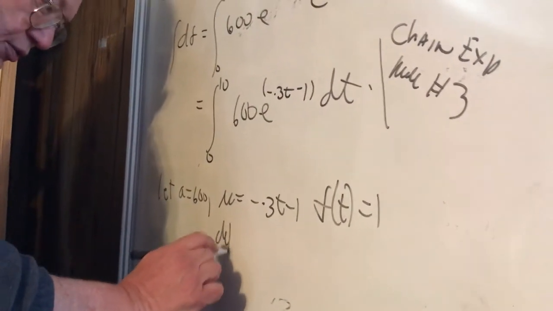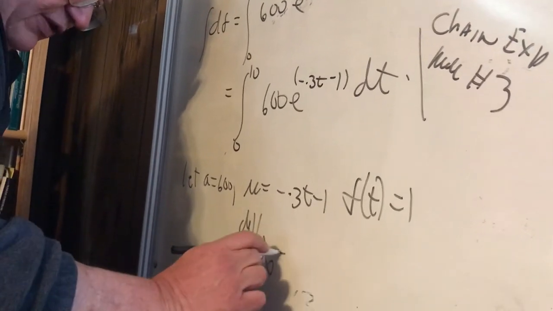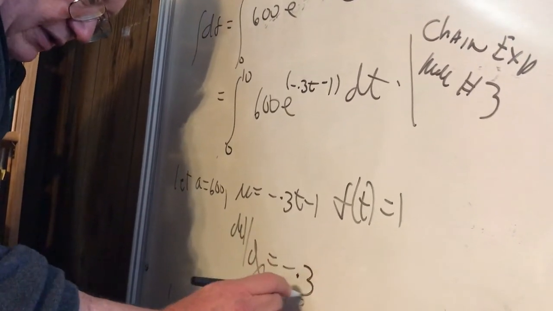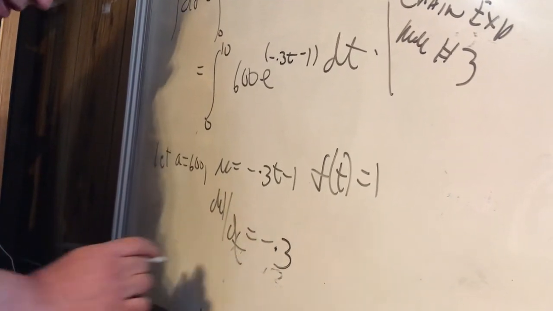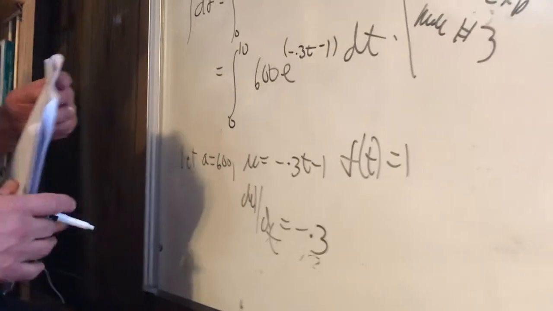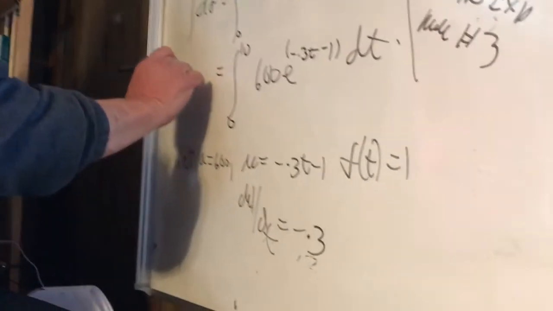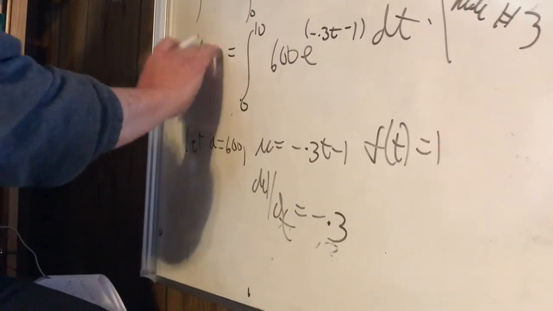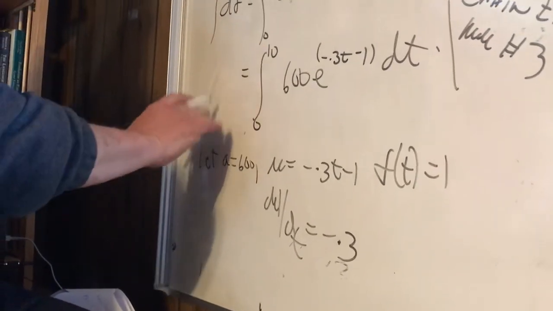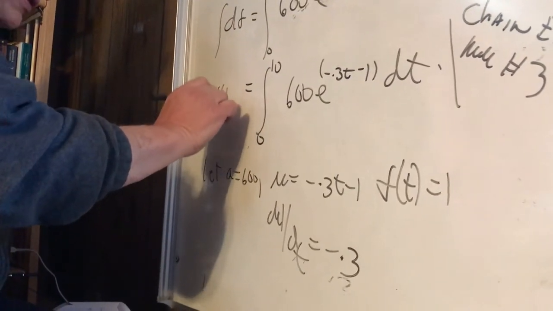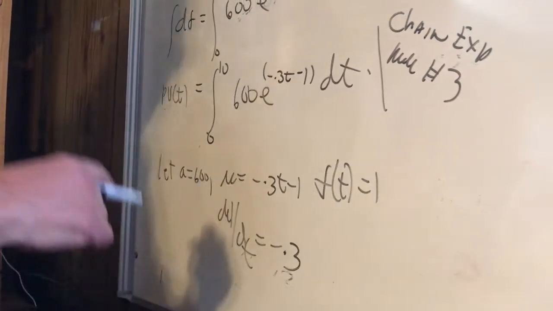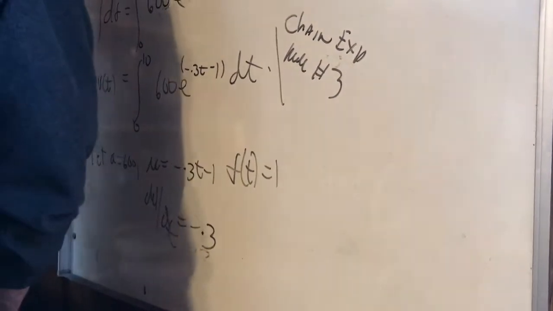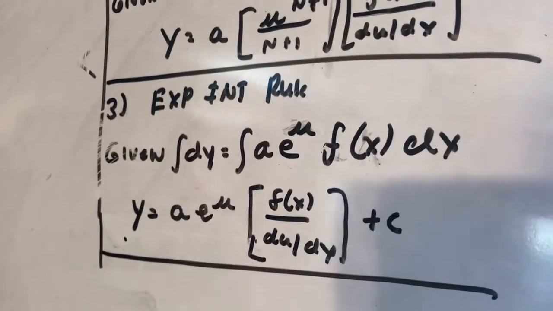And du dt equals minus 0.3, since here it's based on t. So this is going to be the present value at time t. Let's substitute in the exponential rule.